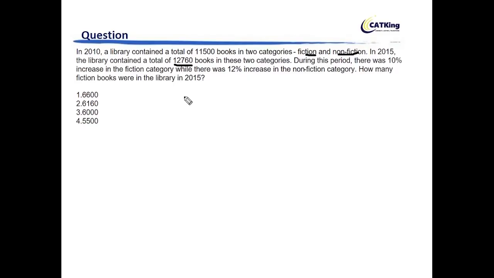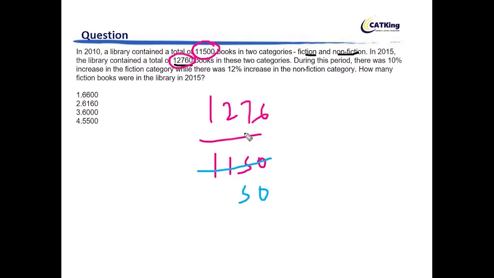How? Let's figure out. The number rises from 11,500 to 12,760. What is the increase here? Let's divide 1276 by 1150. Now if you divide by, let's say, 23, 5 times is 115, and then again 126, so again 5 times.